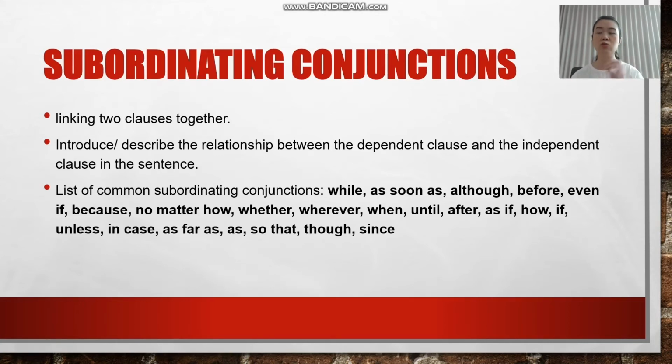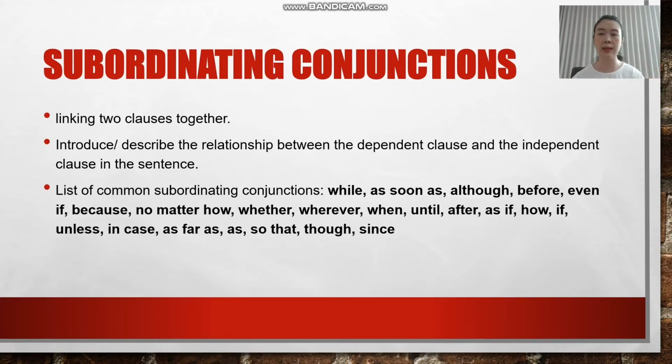And that is to introduce, to describe the relationship between a dependent clause and an independent clause in the sentence. So it means that even if one is dependent and another is independent, that's fine because they are at the same level of the clause. Okay. Some of the common subordinating conjunctions are here.